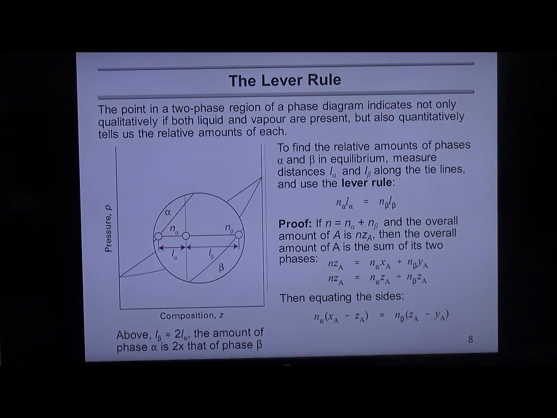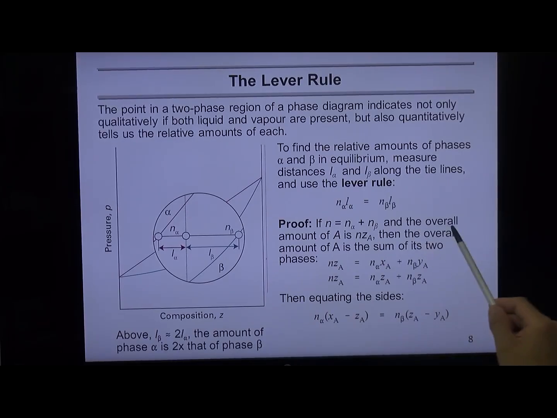The derivation is very simple. If the number of moles of alpha phase is N alpha and the number of moles of beta phase is N beta, the sum of that is the total number of moles, N, which is N alpha plus N beta.